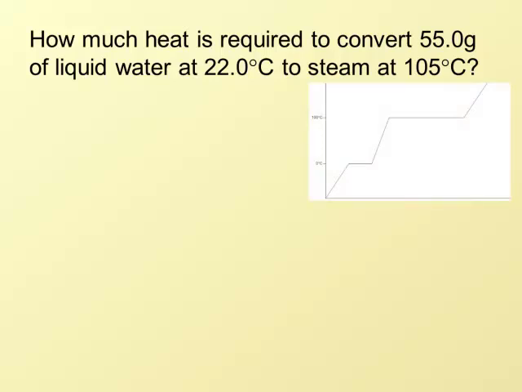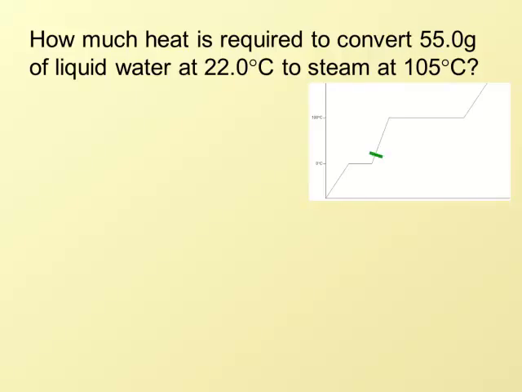Visualize a heating curve for water. You should know in your head that water undergoes phase changes at 0 and 100 degrees Celsius. If the temperature range of a question passes through either of those temperatures, you have multiple segments to account for. You'll have to do multiple calculations to complete the question. In this question, we start at 22 degrees Celsius.